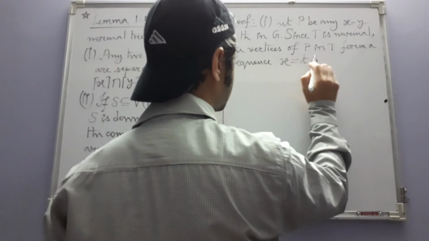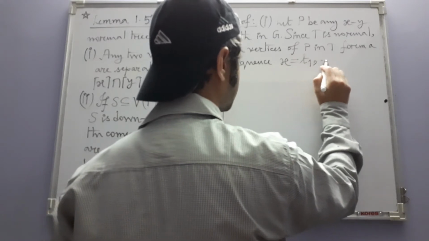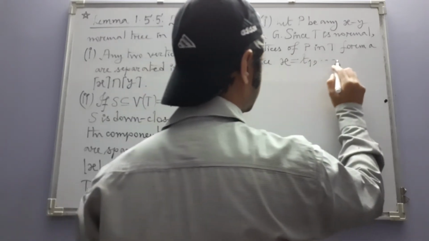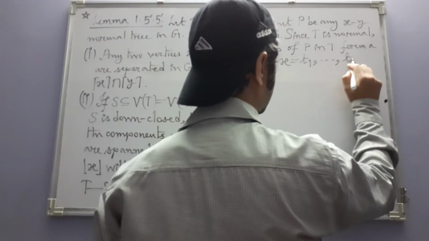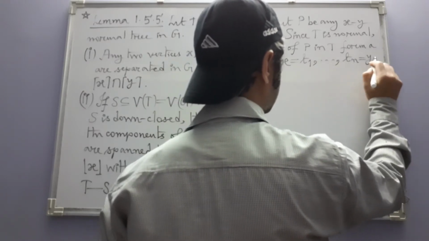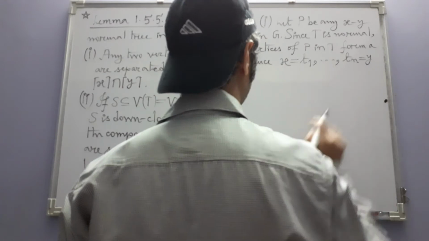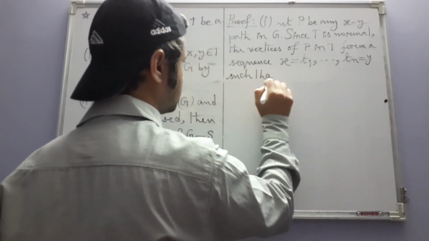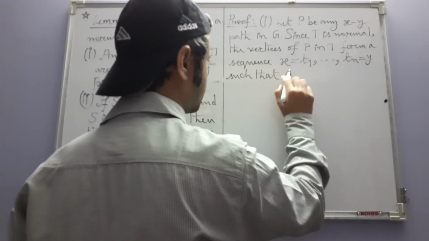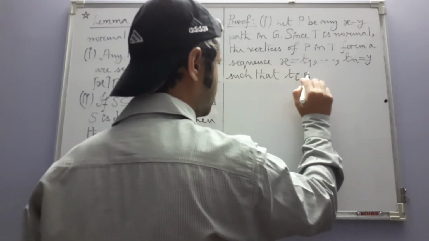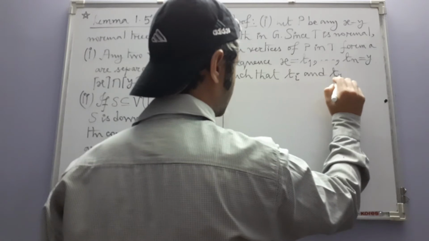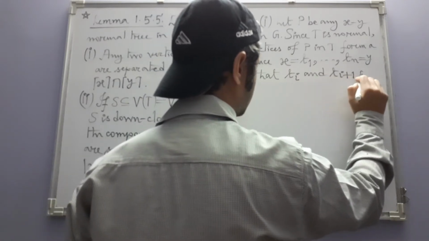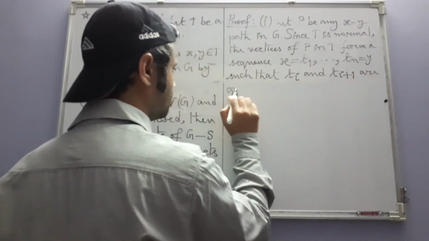We can call that t1, and there are possibly other things in between, and it ends at y, which is tn, such that ti and ti+1 are comparable.